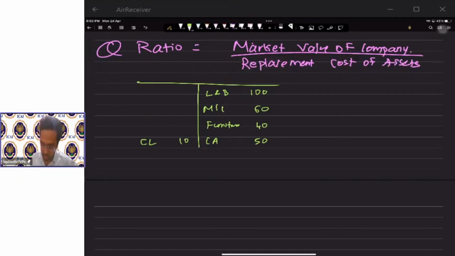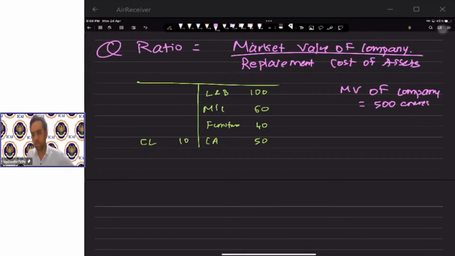These are all book values. But to compute the Q ratio, I need the market value of the company, which is the market value of all the shares. Let's say it is approximately 500 crores.